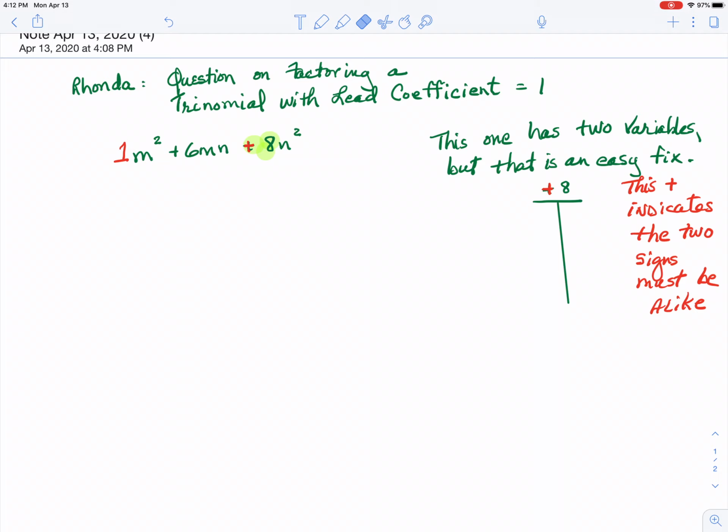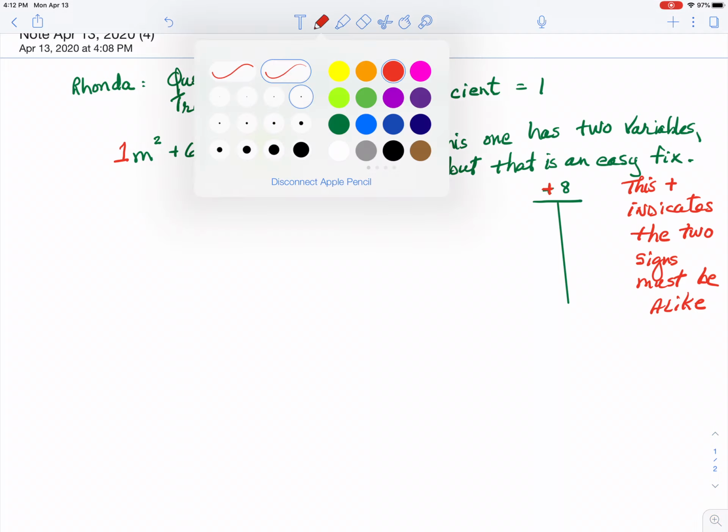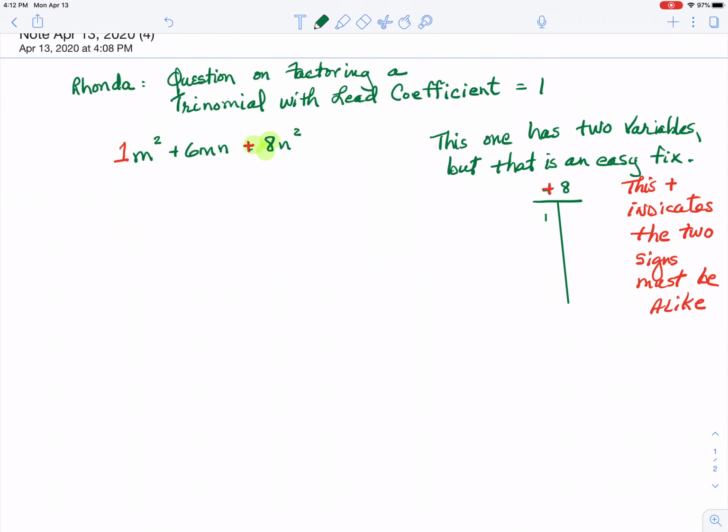So now I'm thinking through all the ways I can factor 8. And the first way is 1 times 8, and the second way is 2 times 4. And 3 doesn't work, and when I get to 4, that turns around and is 4 times 2, so I know I'm finished.